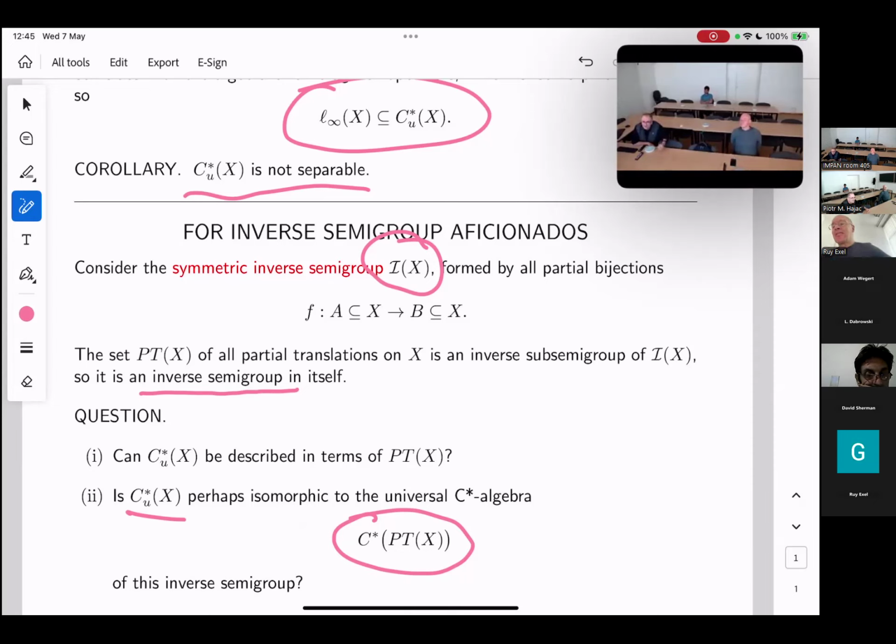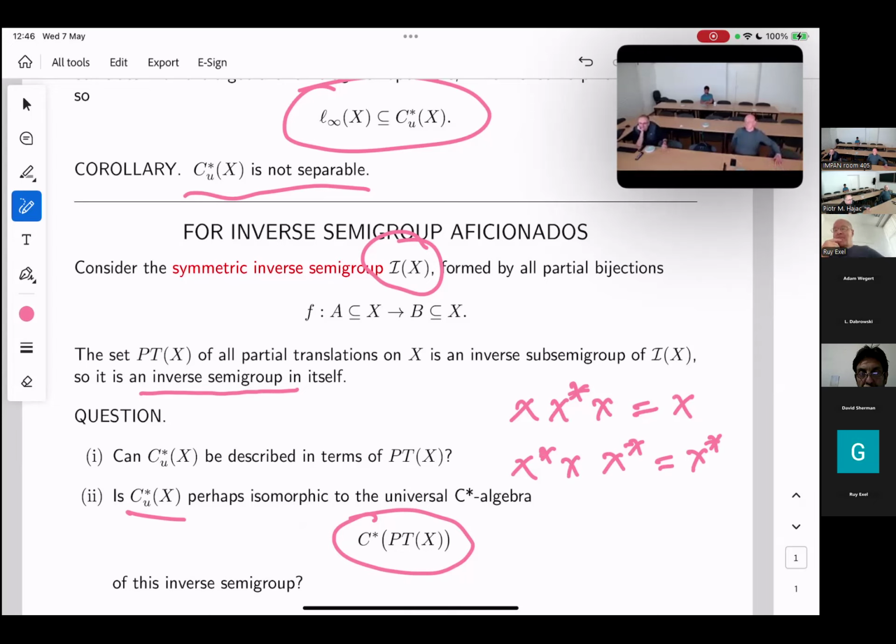Just in one sentence: an inverse semigroup is a semigroup, that is a set with a single associative operation, such that for every x there exists an element x star such that x x star x is equal to x, and x star x x star is equal to x star. It's exactly the equation that defines a partial isometry.